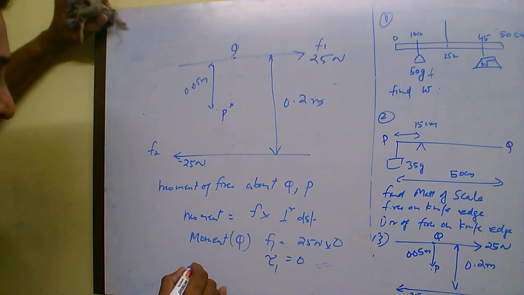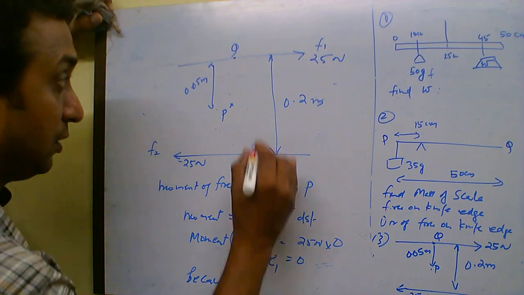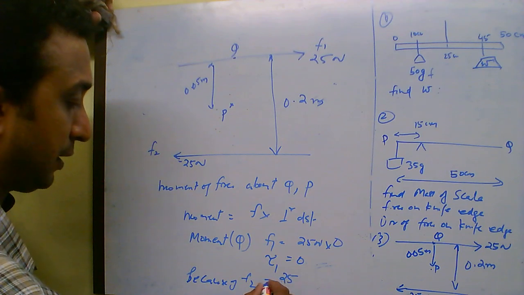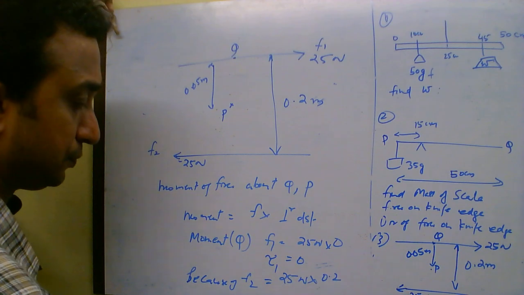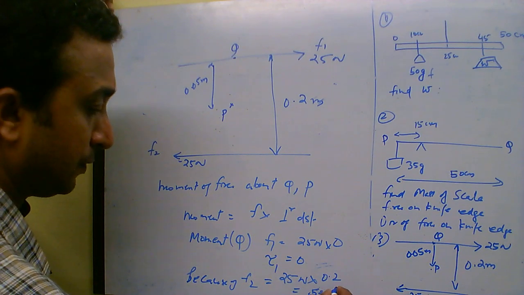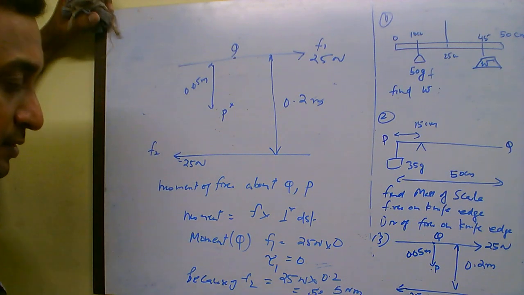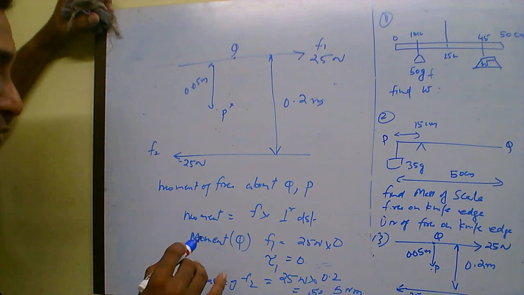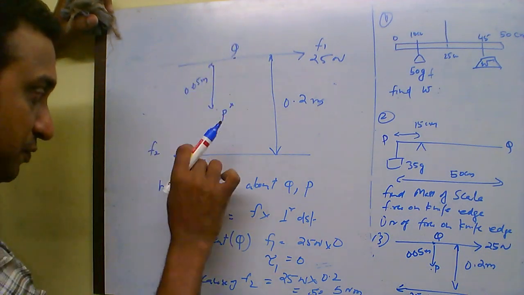So because of F2 you have 25 Newton acting at a distance of 0.2. So it will be 50 by 10, that is 5 Newton meter, the moment of force about Q because of F2.